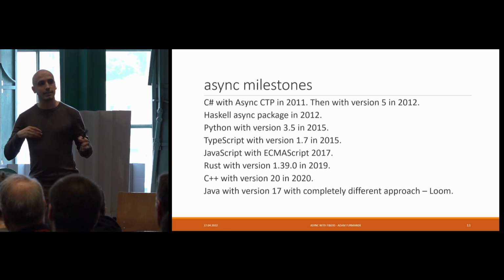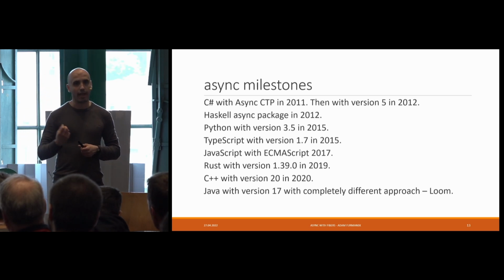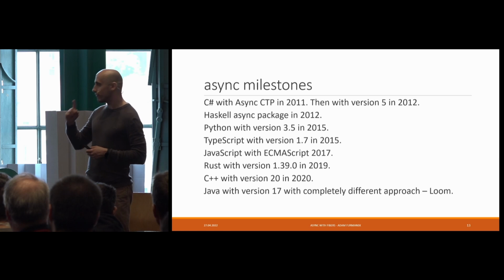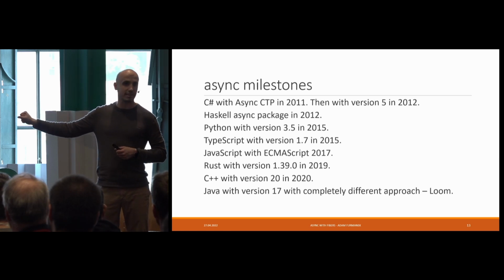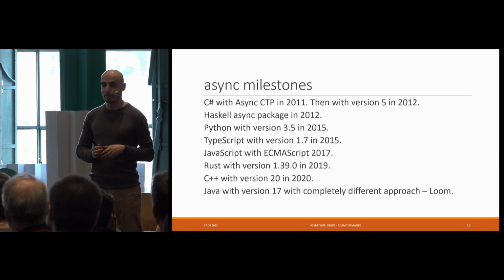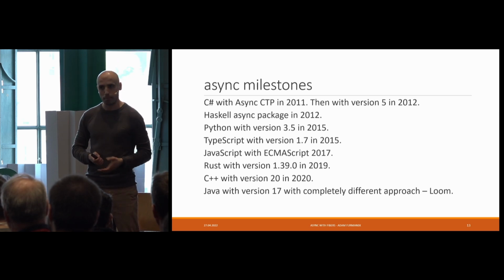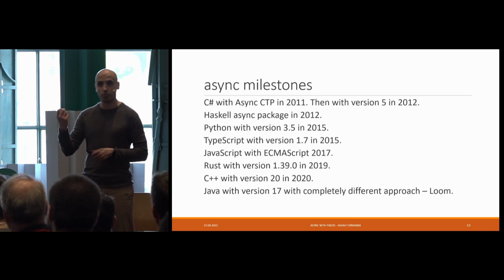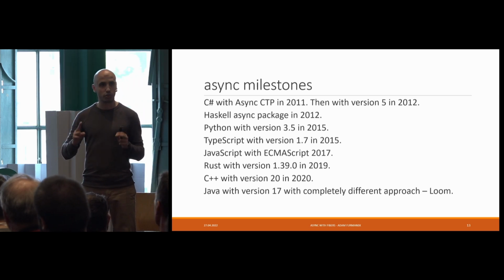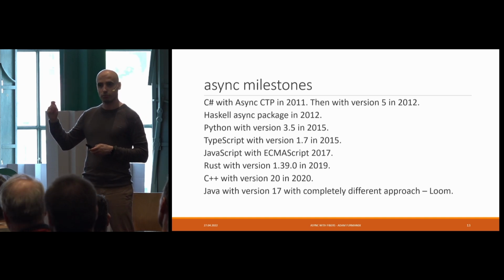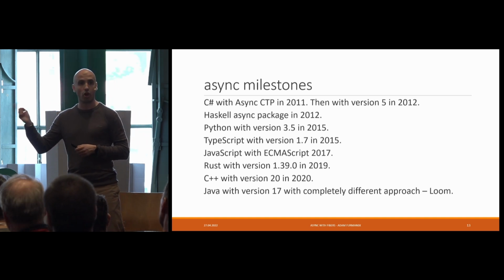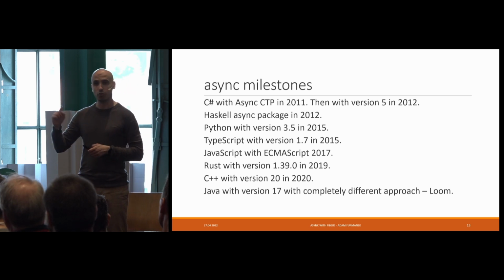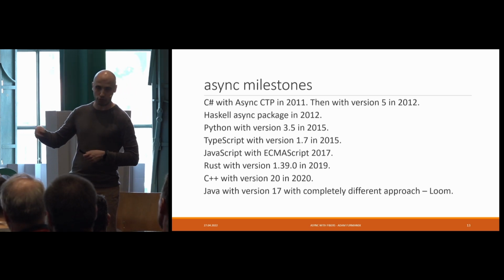However, it does not need to be implemented this way. When I was preparing this talk for the first time, it was before Java 17 was released, which was a couple years back, and they were working on a different approach, which was called Project Loom. Now this Project Loom was already released, so what I'm going to show you is conceptually equivalent to what they are doing in Java. So now they have their own async and await, and it will work the way I'm going to show you today.